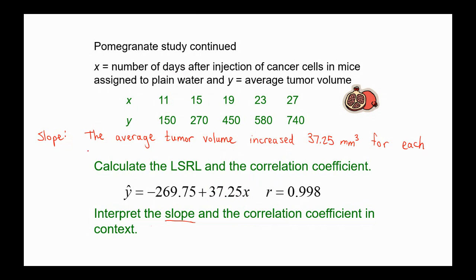We could say something like day, for each day after injection. The average tumor volume increased 37.25 millimeters cubed for each day after injection.